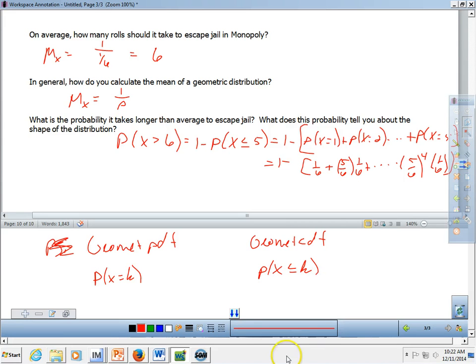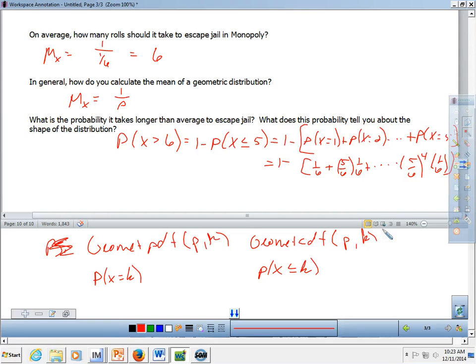Now, the difference here is that geometPDF still wants your success rate and the number of trials it takes to get to a success. But since we don't know the number of trials it will take, we can't put in n. There's not going to be an n here. So we skip n, we just put the success rate in, and we talk about how many trials we want to count to get the first success. So those are the parameters that you'd put in, p comma k for both of them.